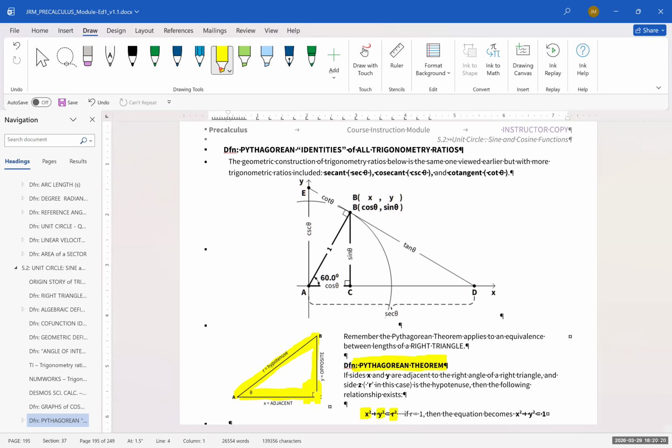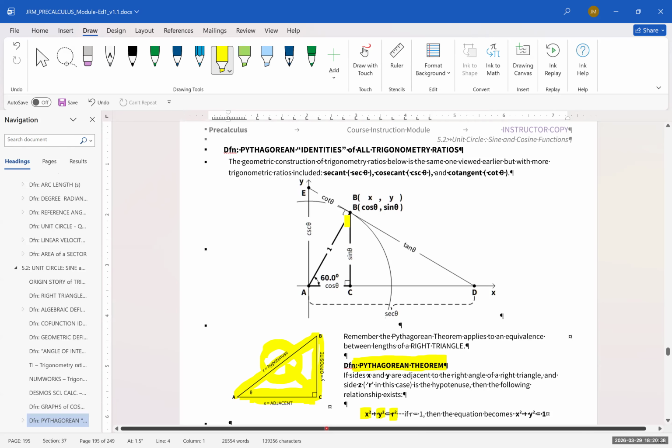So anywhere that you find a 90-degree angle, you can take the square of the two sides adjacent to the 90-degree angle, and that'll be equal to the square of the side opposite the right angle.